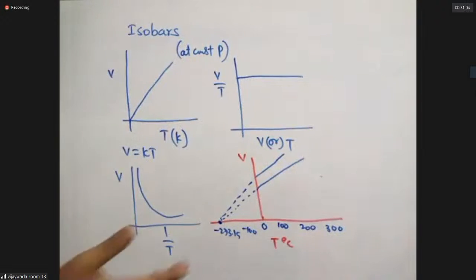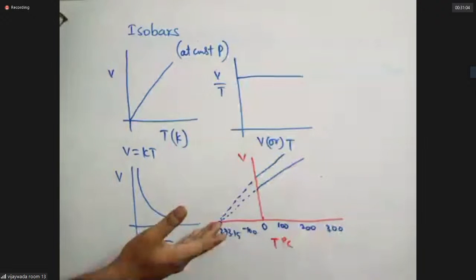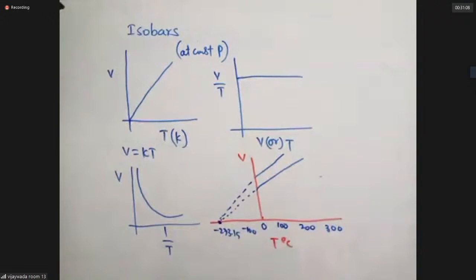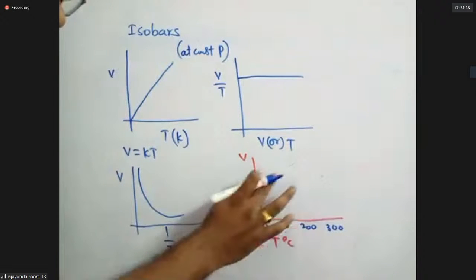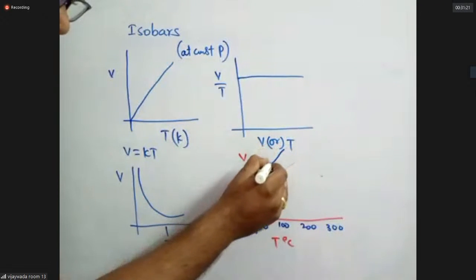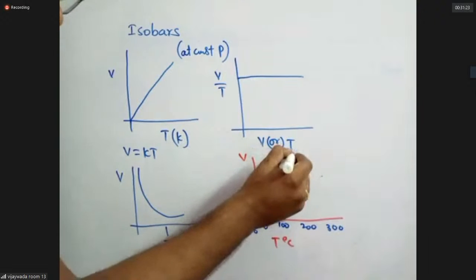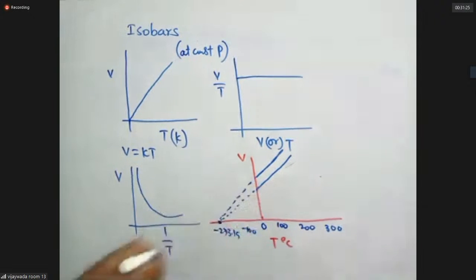Okay, so it is a straight line, students. It is a straight line because V equal to KT. It is like y equal to mx. It is not bending. These are completely straight lines. Proportionality. Yes, completed.